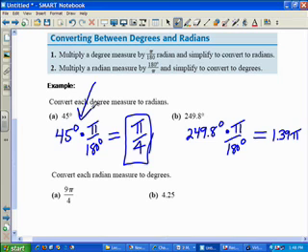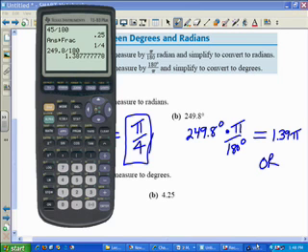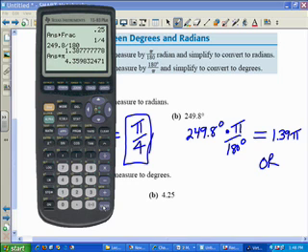Another correct answer for this one would be that you take 1.39, or whatever the previous answer was, the whole answer, and hit the multiply by pi button. Use the pi key, second button, and then the caret throws the pi symbol there, and here would be an approximate answer, 4.359.